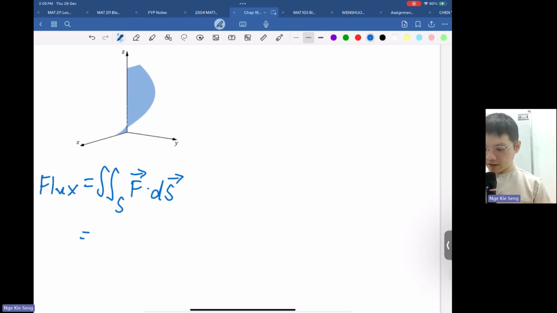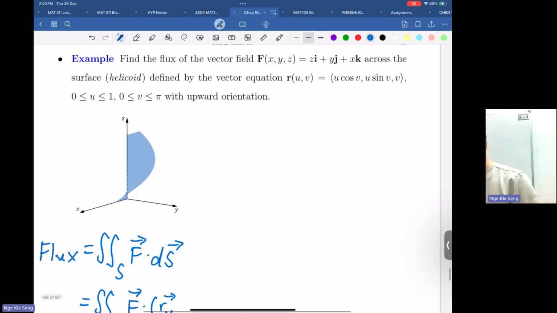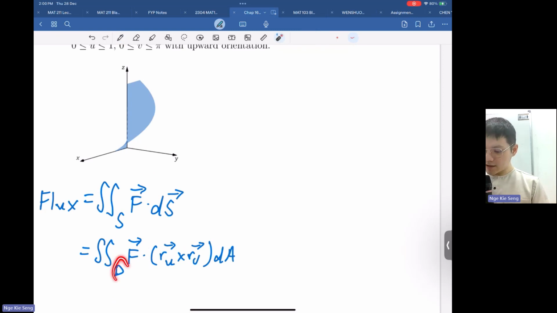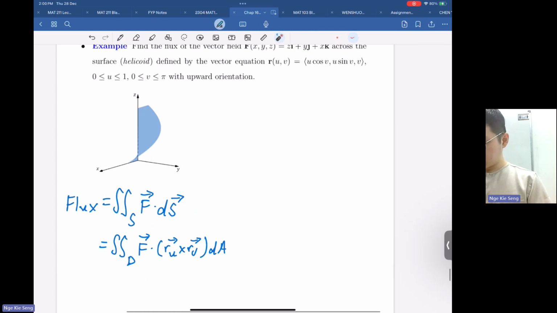By the derivation just now, this becomes the integral over D of F dot with the cross product, the normal vector, ru cross rv. So you need to figure out what D is and what ru cross rv is here. Let's figure that out.